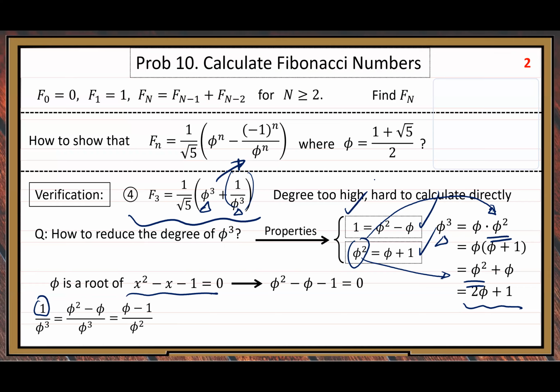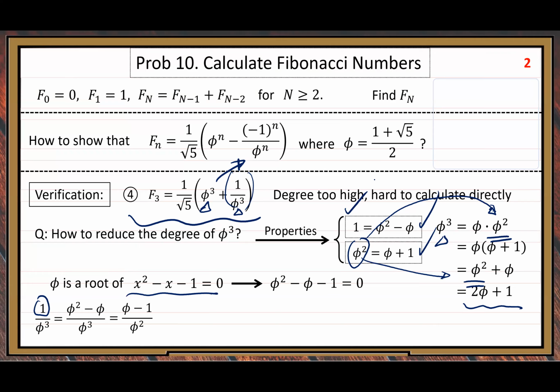This time it's degree 2. So you bring down the degree from 3 to 2. So that's some progress. Let's keep going along this direction. Do one more step.